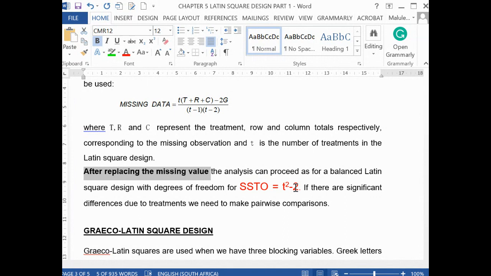And then you do the pairwise comparison. How is it going to affect the SSE? Degrees of freedom of SSE will be affected. How is the formula going to change? Remember, my brother, it's going to affect the MSE, sorry, MSE.